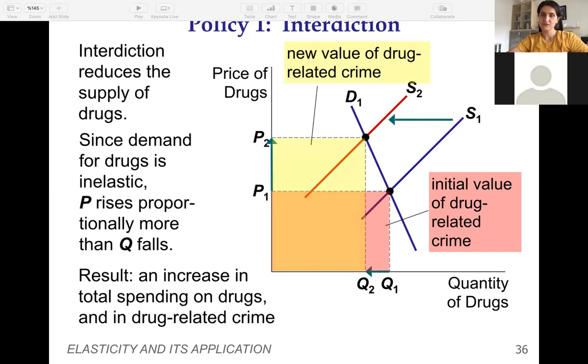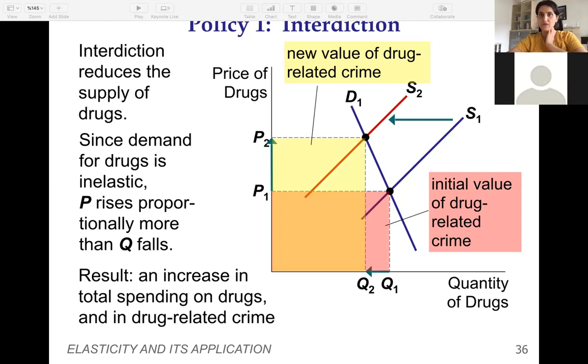After the price increase, this red area and this orange area is the new expenditure on the drugs, P2 times Q2. P2 times Q2 is higher than P1 times Q1.